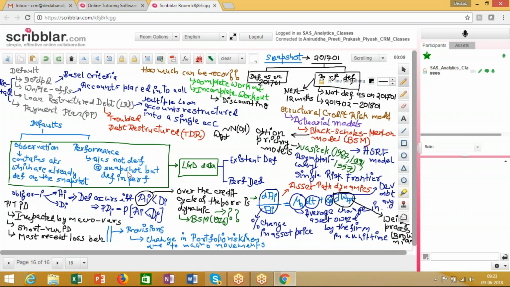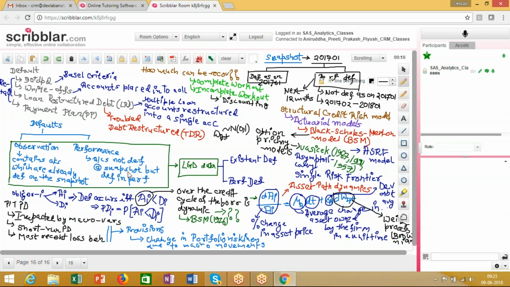Now this representation will be more relevant for commercial portfolios, where the asset of the borrower fluctuates over a period of time. So A_i is the asset of the borrower, and for a retail portfolio, the fluctuation in the asset is relatively lower. And D_i is the debt obligation.